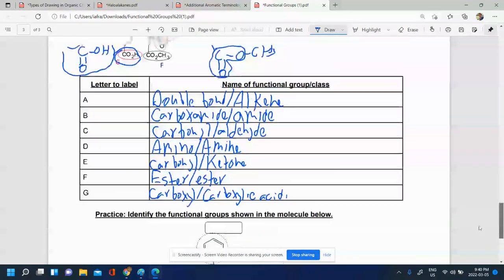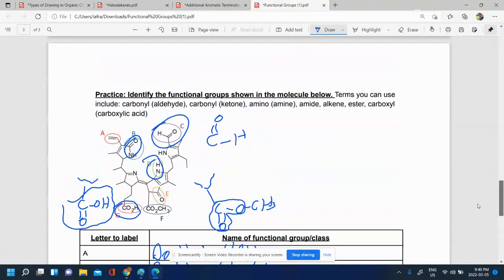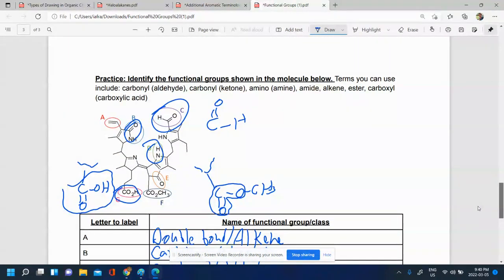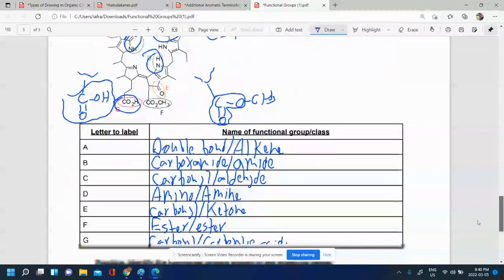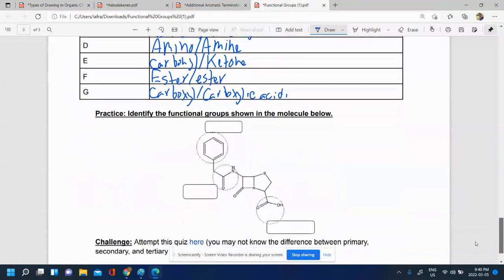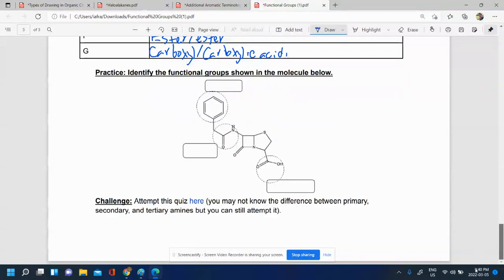So there we've done a bunch of practice problems where we matched the functional group to the picture of the functional group to the name, and then we said what class of molecule you'd be if you were part of that. And so we can try just a couple others over here where we have to label this molecule in its functional groups. So here we have the benzene or phenyl functional group, which would make you aromatic.